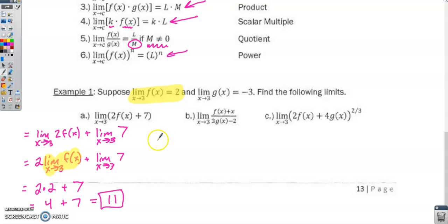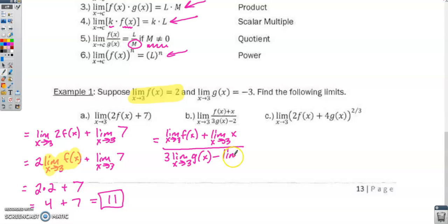So this expression is going to be equal to the limit as x goes to 3 of f of x plus the limit as x goes to 3 of x, all over 3 times the limit as x goes to 3 of g of x minus the limit as x goes to 3 of 2. And so we break it up that way, and now we can replace all of these with what they are equal to. The limit as x goes to 3 of f of x we said earlier was 2.